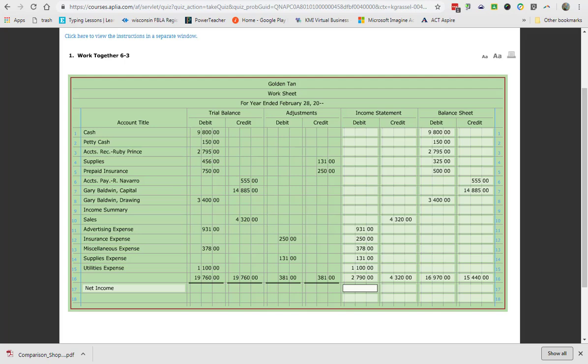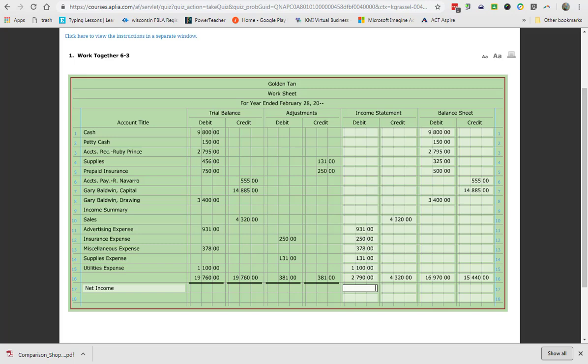What does a net income do to owner's equity? Up or down? What is the normal balance of your owner's equity? Credit. So if I add this 1,530 here to this number, it makes your owner's equity number go up. Then when you add down, these two numbers should equal. That's how you find whether or not your net income is done correctly.